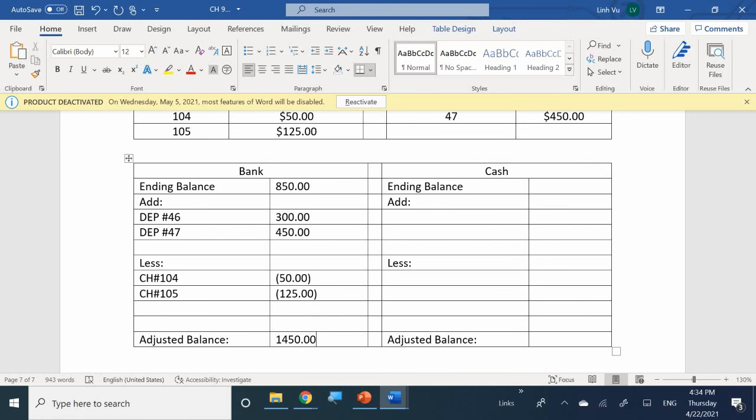Okay. Now that doesn't mean we're done yet because we have to complete the cash side. So let's take a look.